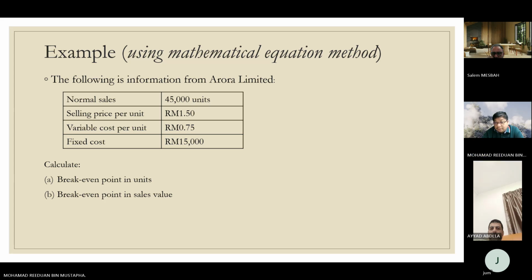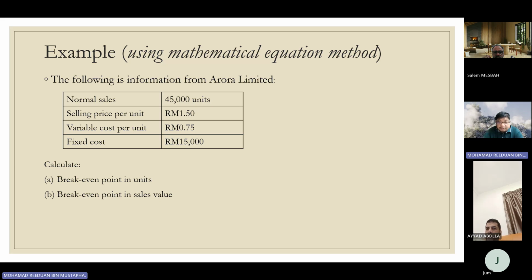Okay. So now, in order to get the break-even point per unit, you need to divide the fixed cost, 50,000, because 50,000 is the minimum amount you need in order to make sales. And then you divide by the contribution margin per unit, 0.75.